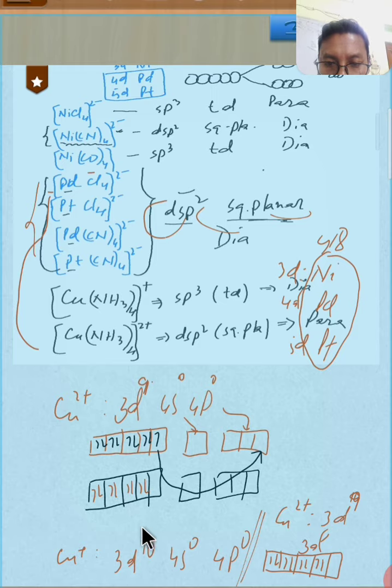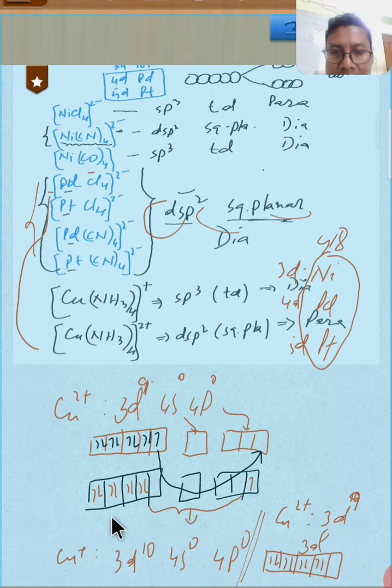This 3d orbital will now be vacant, and this electron is getting excited to the 4p orbital, okay. So we have 1d, 1s, and 2p, so hybridization will be dsp2, right?